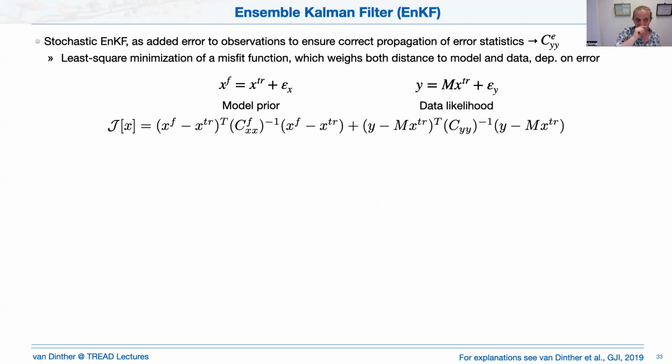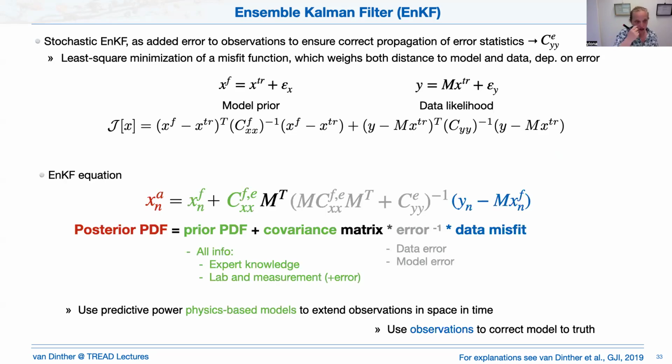This ensemble Kalman filter is essentially a least squares minimization of the misfit function J that I show here. It weighs both the distance to the model and the distance to the data, each depending on the error you have there. So you have the data likelihood and the model prior. If you write that in the classical ensemble Kalman equation, remember the x's were all these long vectors, but to understand the equation you can also just imagine one number, one velocity at one point.